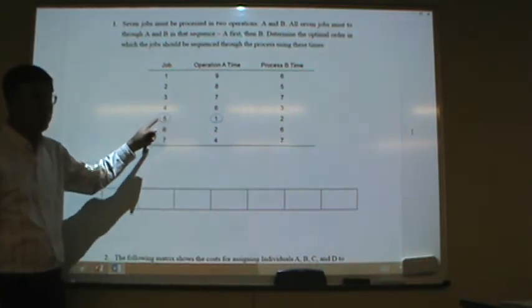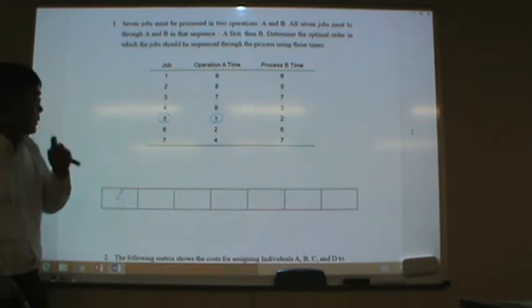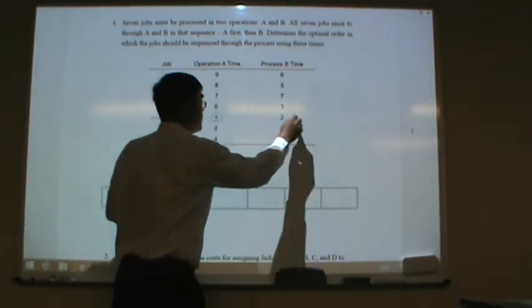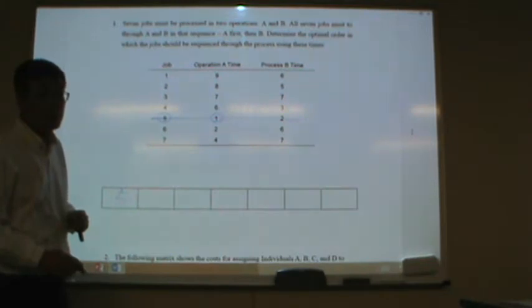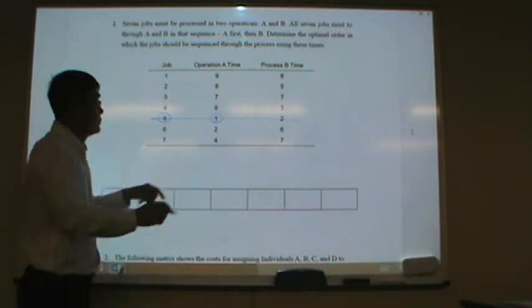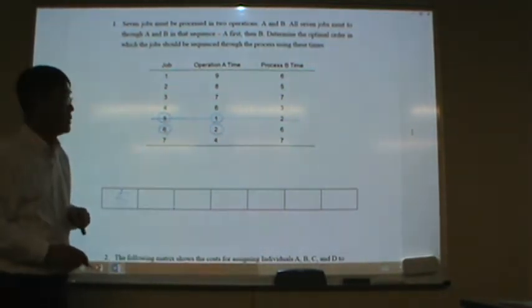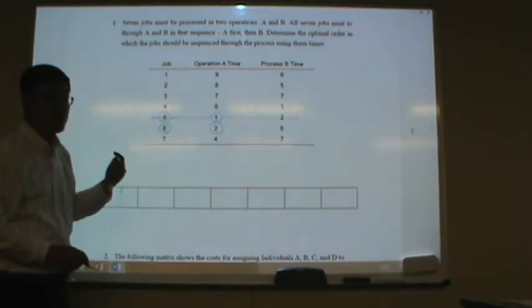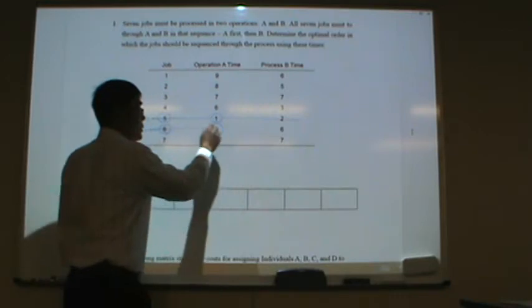So job 5 goes first, right? This one is gone. Which one is the next shortest operation time? 2, 2 here, right? This one, job 6. Second machine, first, right? So 6 goes here. Gone.